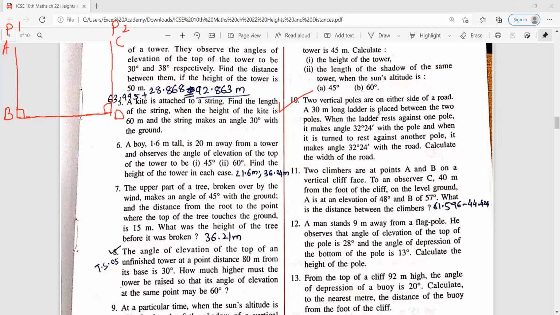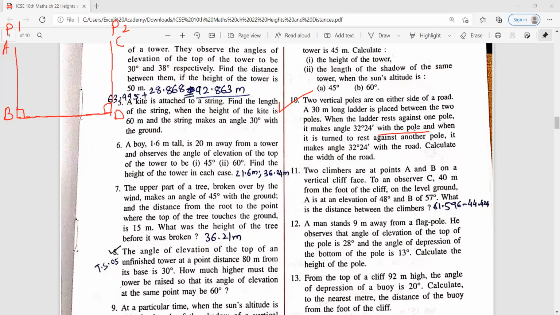The 30-meter long ladder is placed between the two poles. When the ladder rests against one pole, it makes an angle of 32 degrees 24 minutes with the pole. With the pole is very important. This is neither angle of elevation nor angle of depression.